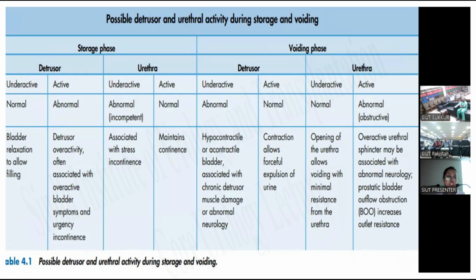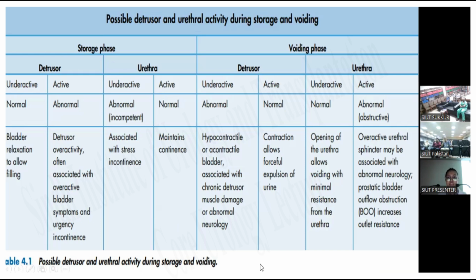But what if the storage phase is not working properly? That means there are two things: detrusor abnormality or urethral abnormality. Detrusor abnormality is when the detrusor is overactive, associated with symptoms of urgency or incontinence. And if it is due to urethral abnormality, an incompetent urethra, it is associated with stress incontinence.